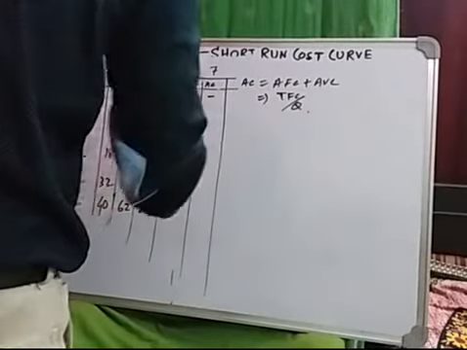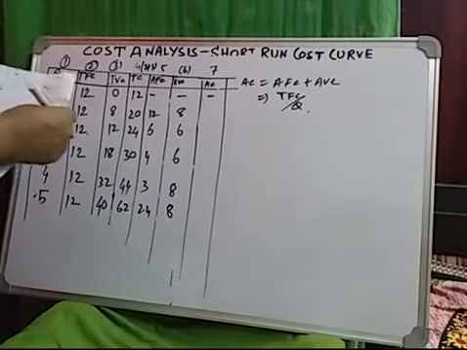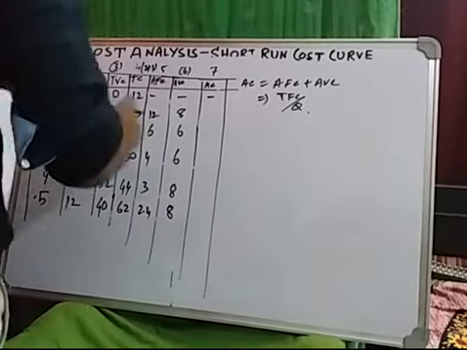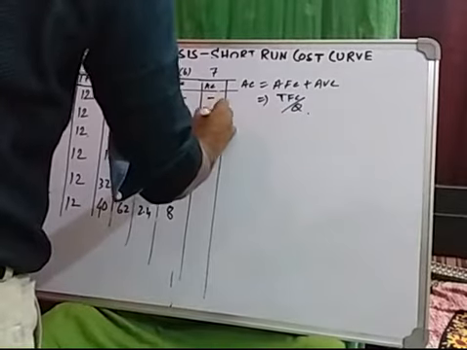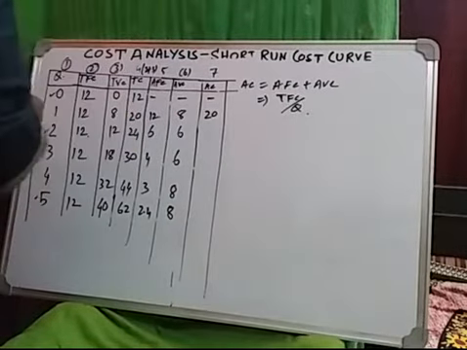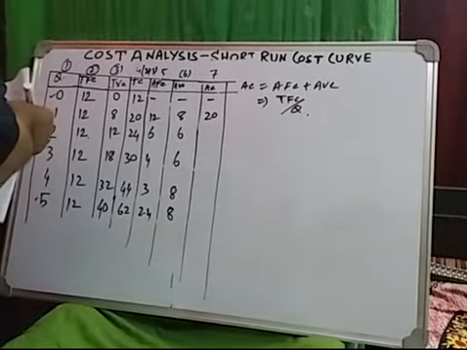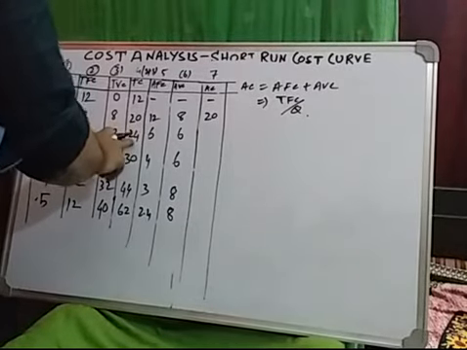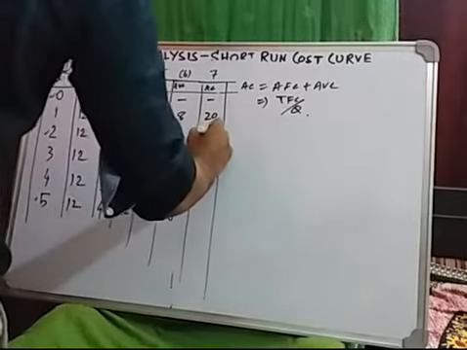So first point I am not getting the point. Then 20 by 1 is equal to 20. TC is equal to 24. So 24 by 2 is equal to 12.